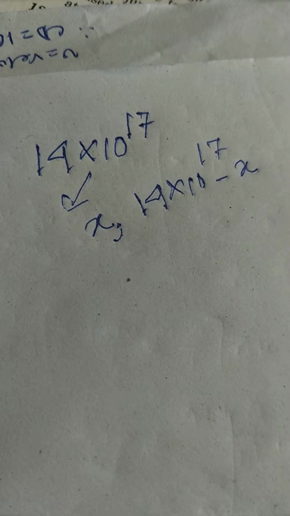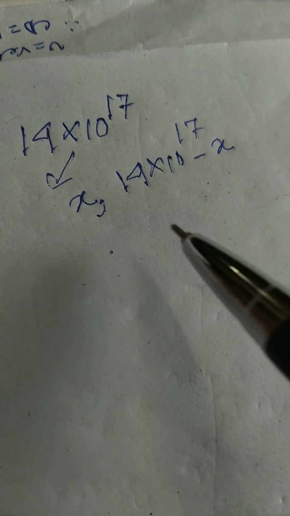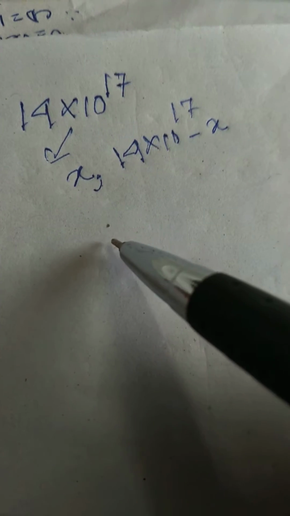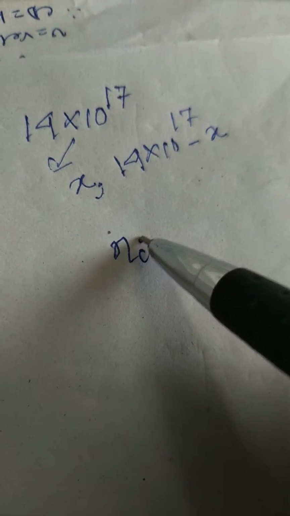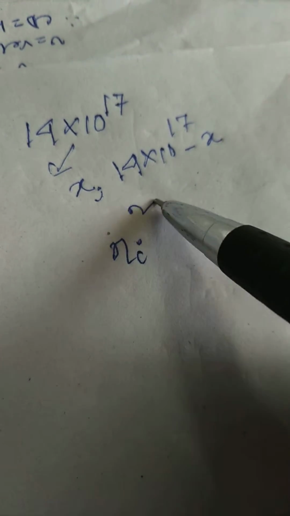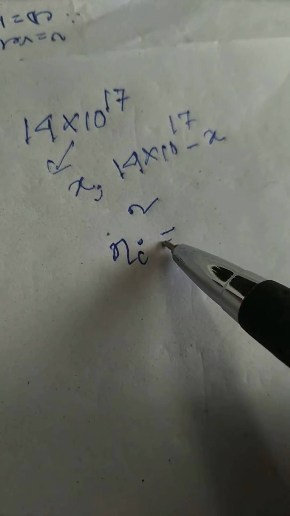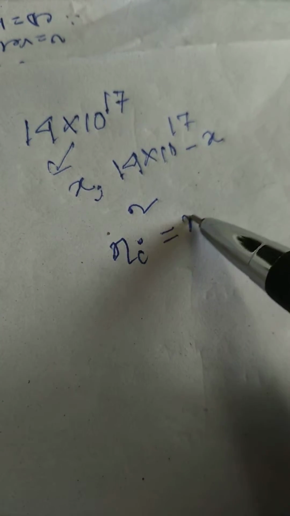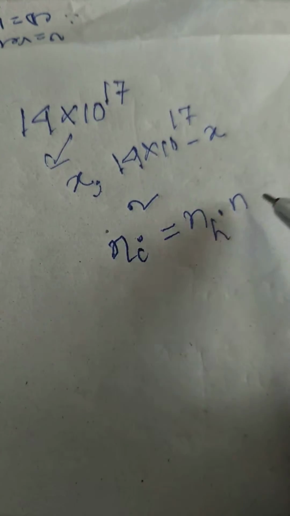I am considering out of the new concentration, x number of holes are there, and so the remaining are electrons. And we know that this relation is always applicable. Intrinsic concentration square must be equal to hole concentration into electron concentration.